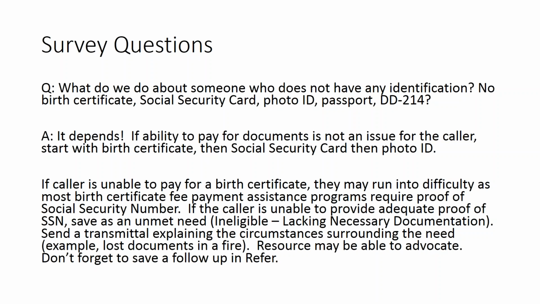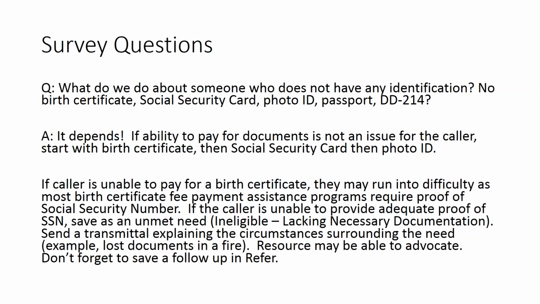From there, you're going to save a follow-up in Refer. And once the research department gets back to you, then you will be the one following up with that caller and letting them know what the results are. So, you know, we can't definitely guarantee that an agency is going to be willing to help.